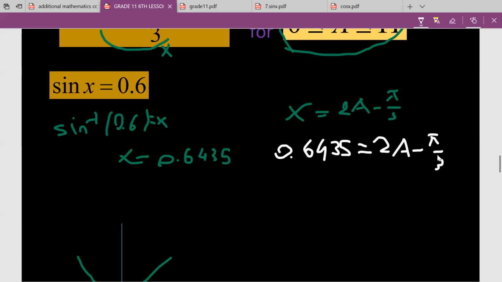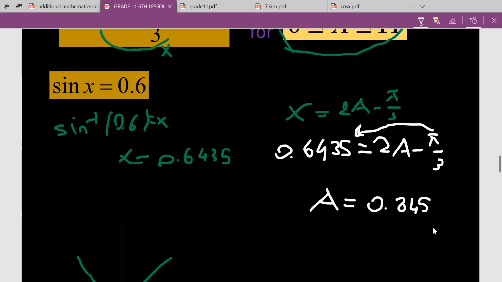You will isolate a, leaving a alone on one side of the equation. You will take pi over 3 to the other side of the equation, and you will divide by 2. The value of a will be equal to 0.845. It's between 0 and pi.